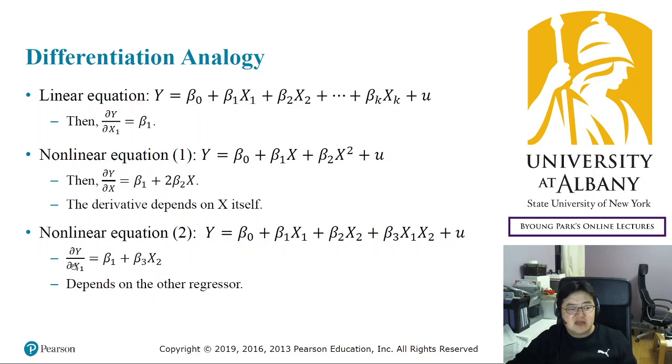In this case, again, the derivative with respect to x1 has to differentiate this term. x1 appears here, and another x1 should be differentiated. So you have to differentiate the beta 3 term. As a result, you get beta 1 plus beta 3 x2. Beta 1 from here, beta 3 x2 from here.